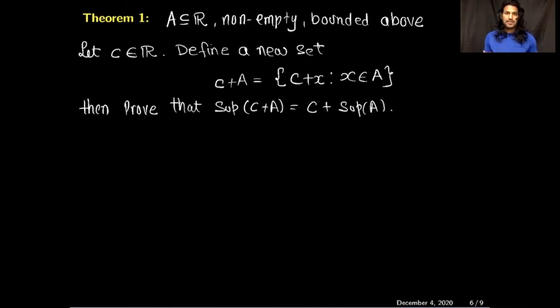The statement says that if A is a non-empty bounded above subset of the real numbers, and you have a real number C, then you can define this new set C plus A, which is defined by adding C to each member of the set A. Then we will prove that the sup of this new set C plus A is equal to C plus the sup of the given set A.